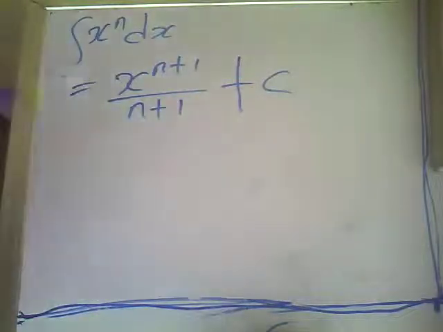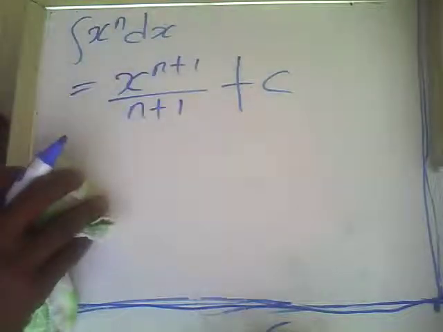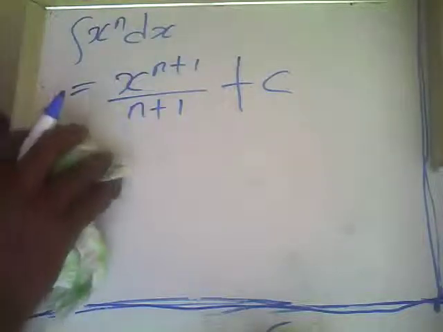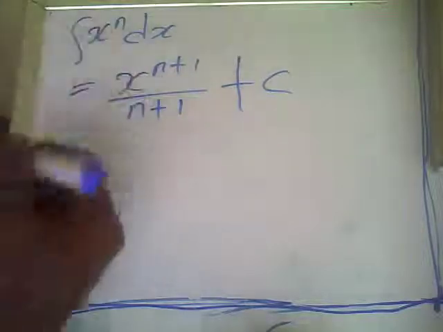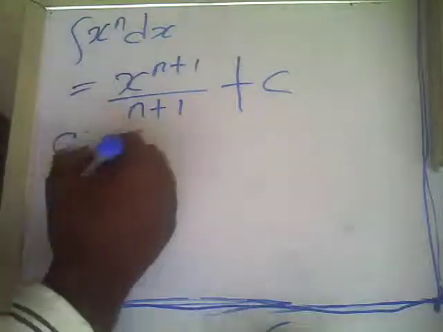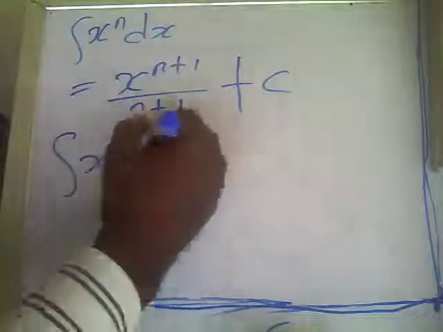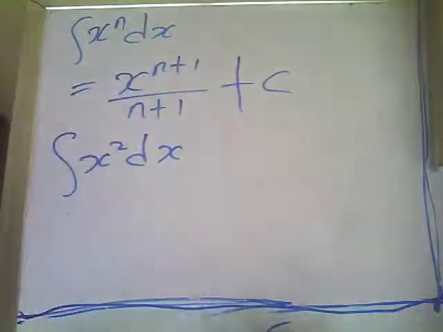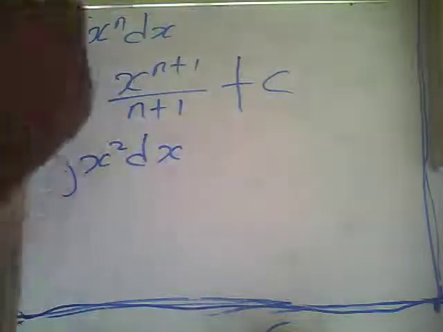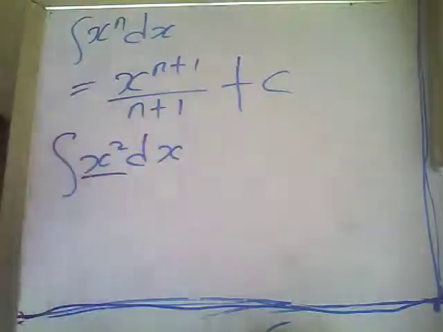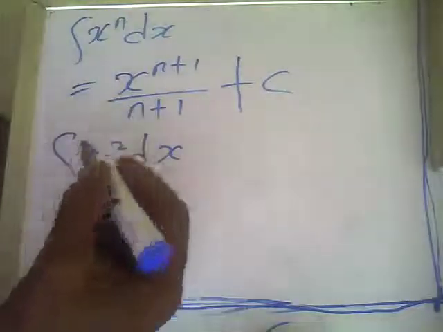Okay, let's take 2 examples to corroborate what I have just given. For instance, let us evaluate the integral of x squared dx. It is obvious that the power of this function is 2. We raised x to power 2.